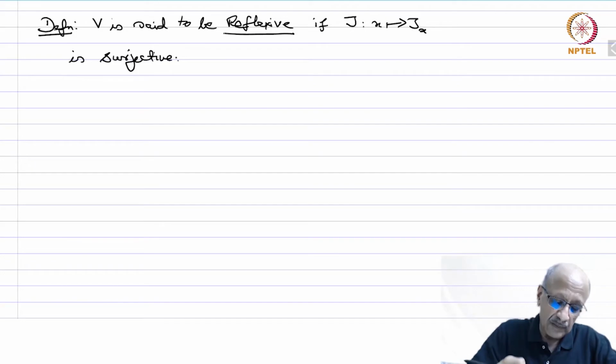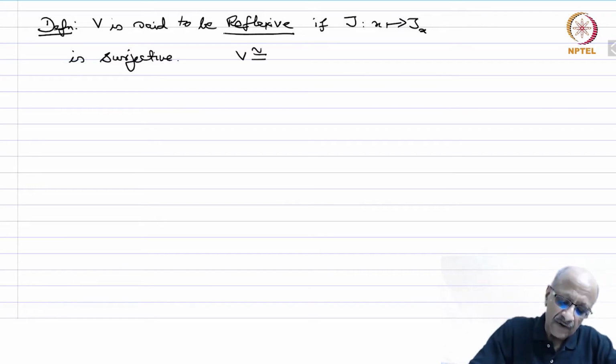So this is what we mean by saying that the space is reflexive, and therefore this mapping is then 1 to 1 and onto, and continuous because it's an isometry, it is continuous both ways, and then you have that V can be identified with V double star. This will be an isomorphism.